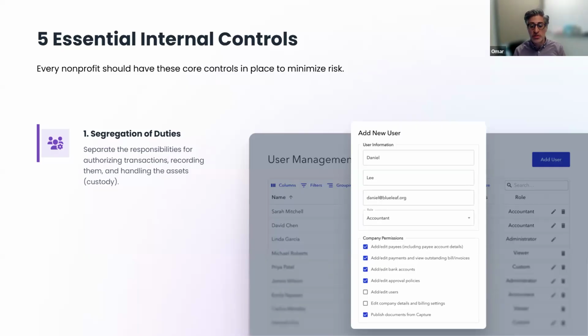So that would prevent a situation where a person can create a fictitious user or a fictitious vendor and then add their bank details or change the bank details on an existing vendor to their own bank account, as an example. So again, this can be done at a very granular level when you're setting up new users in Pluto.